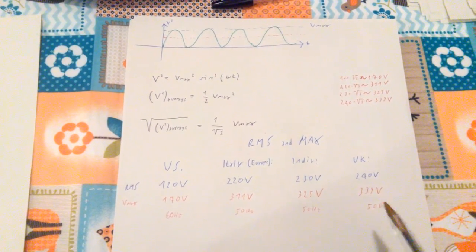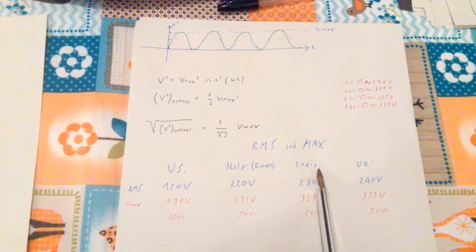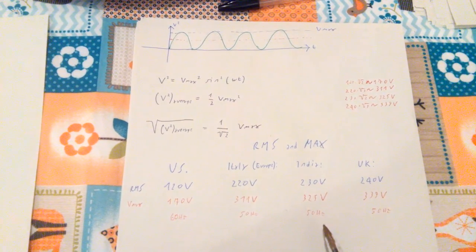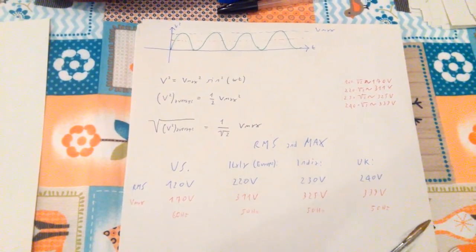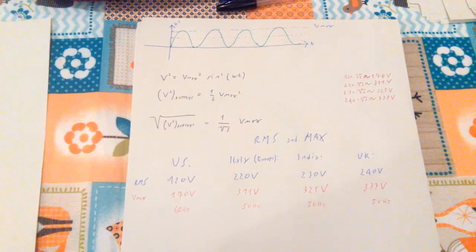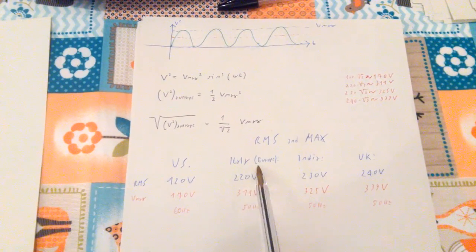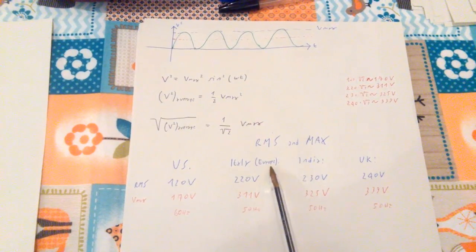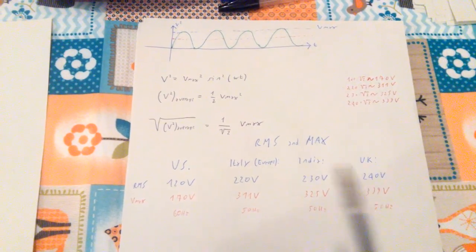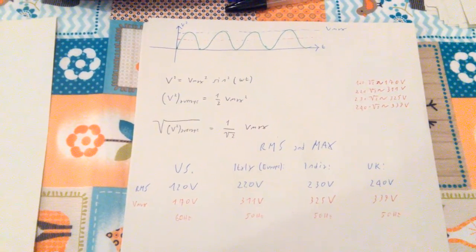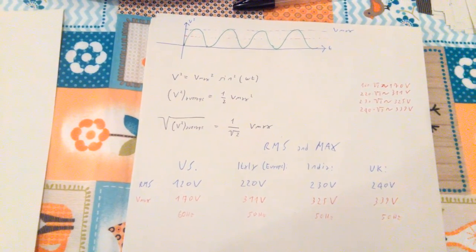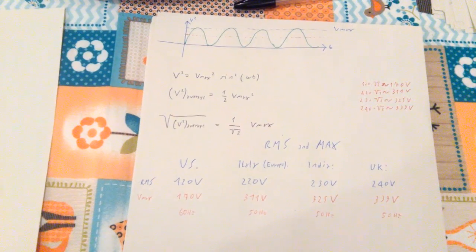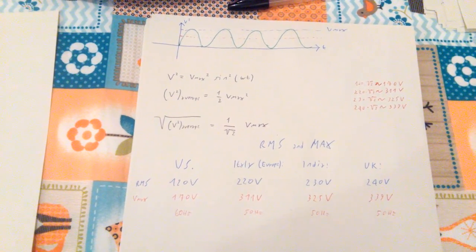Also, India was and still is part of the Commonwealth, and it has 230 volt instead of 240. So it's a mess inside the Commonwealth. But anyway, at least across Europe it is basically standardized by European law. So they're all the same in Italy, in Germany, and so on. So yeah, this is pretty much it.